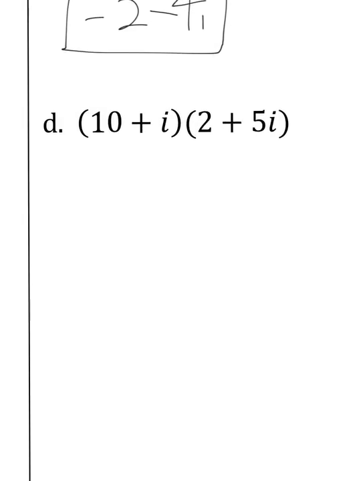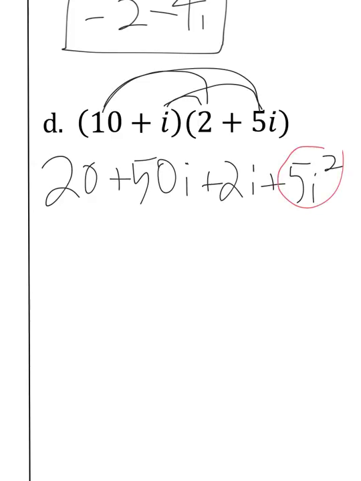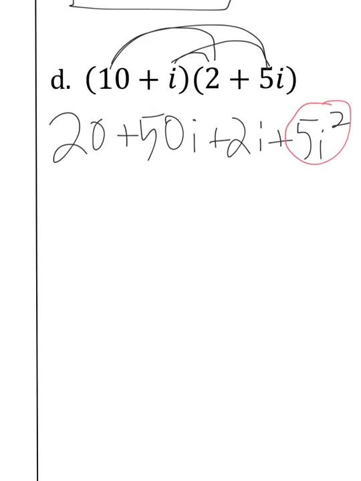Okay, so D, a bit more work because you've got to multiply. So what's 10 times 2? That's 20. What's 10 times 5i? That's 50i. What is i times 2? That's 2i. What is i times 5i? That's 5i squared. So let's talk about this 5i squared for a minute. i is the square root of -1.